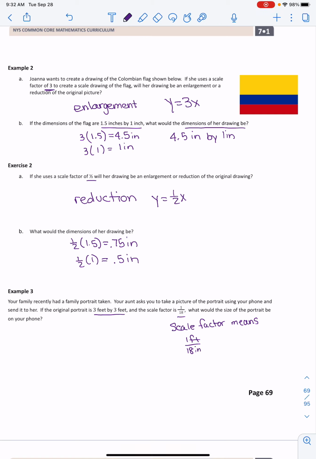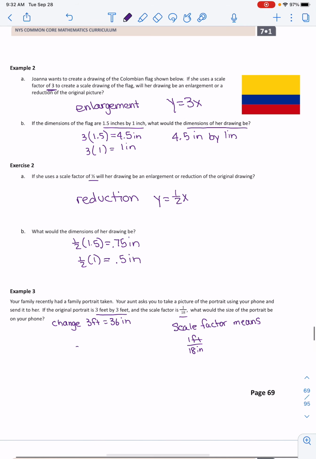So that being said, we need to change our feet to inches, so that we can multiply our scale factor by that.